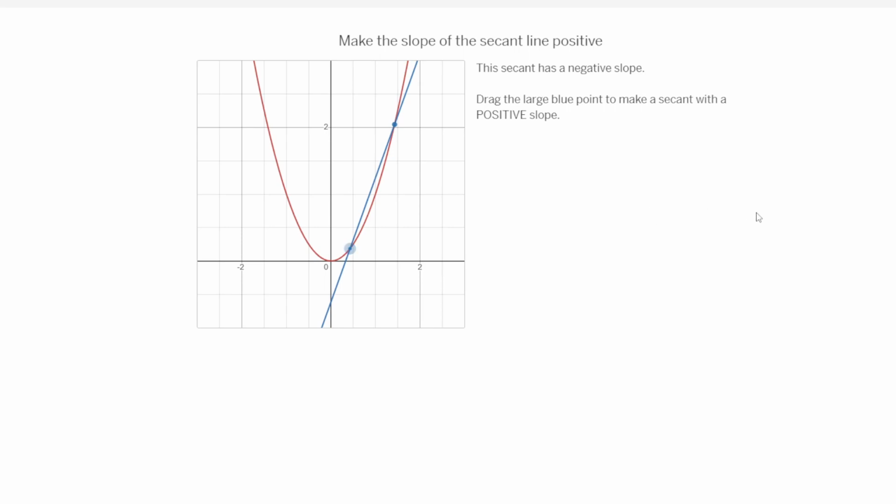Here's one of many examples where the secant line has a positive slope. Notice this corresponds to a portion of the graph where our parabola is increasing. So maybe you can start building this connection between the way the function is acting and the secant line.